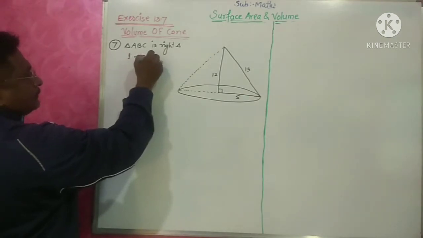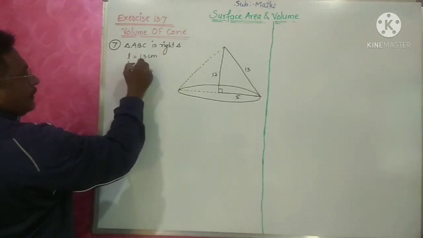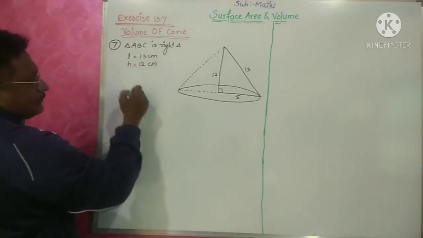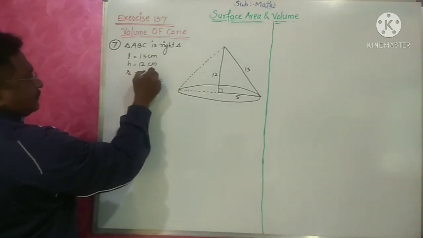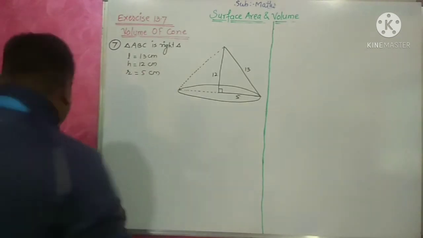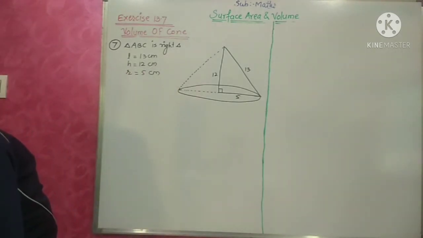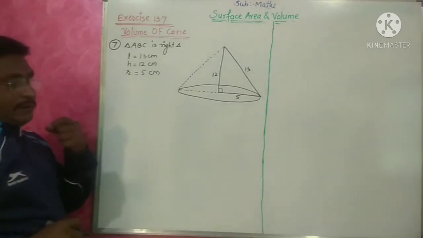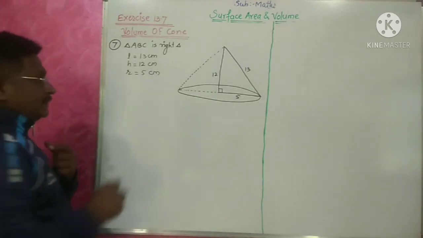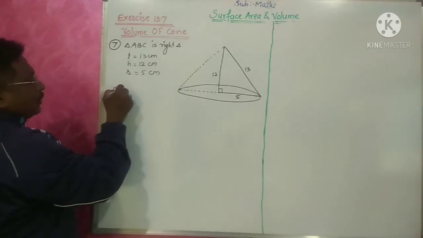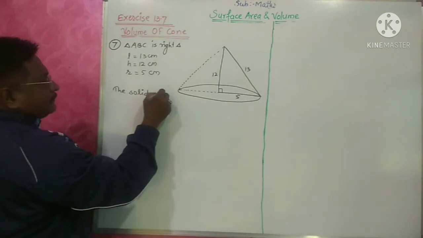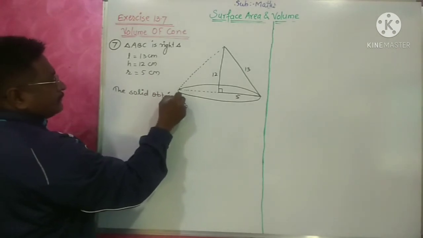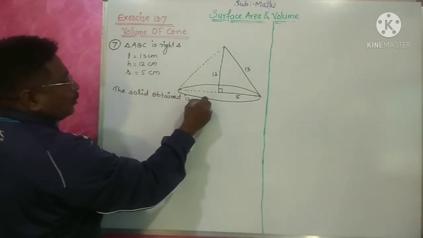So in that the slant height is 13 centimeter. Perpendicular height is 12 centimeter. And radius is 5 centimeter. So what do they ask us to find? Find the volume of the solid so obtained. The solid obtained is a cone.